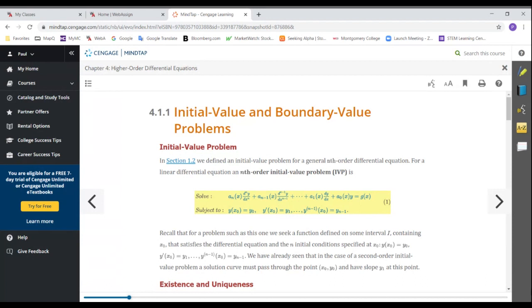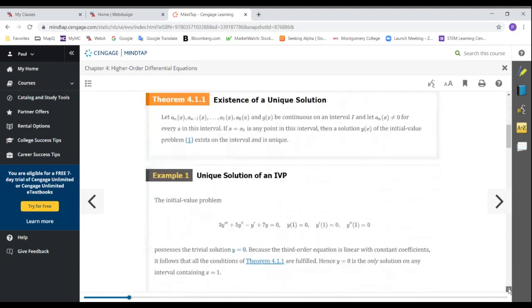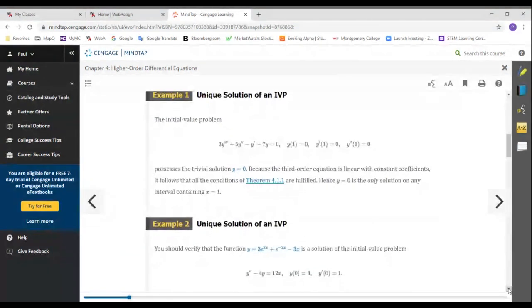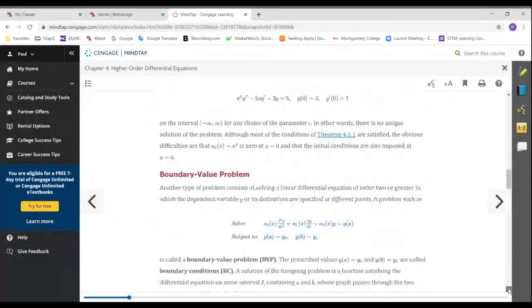Let me just go down here. So, of course, okay. So let me just see here. Okay, so I don't want to get too caught up in the theory, if you don't mind.